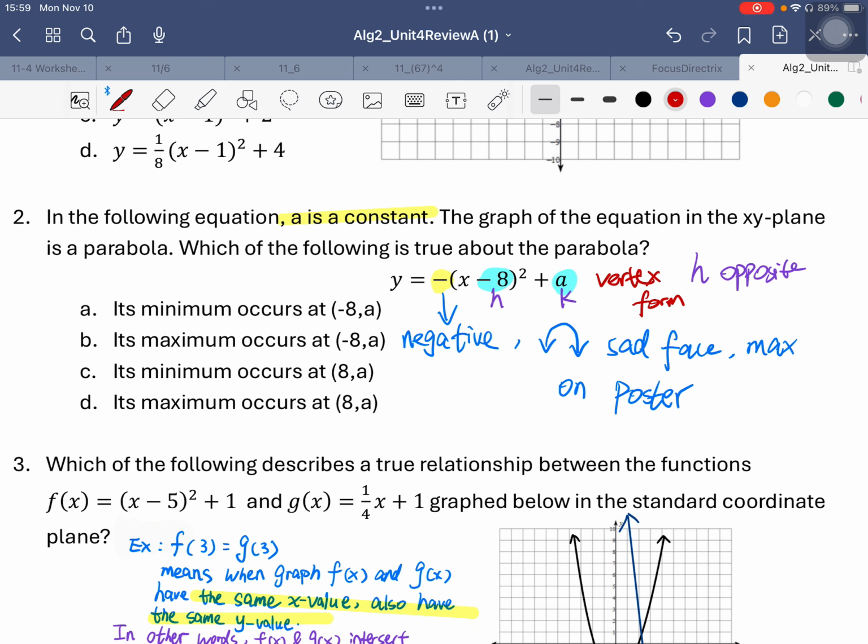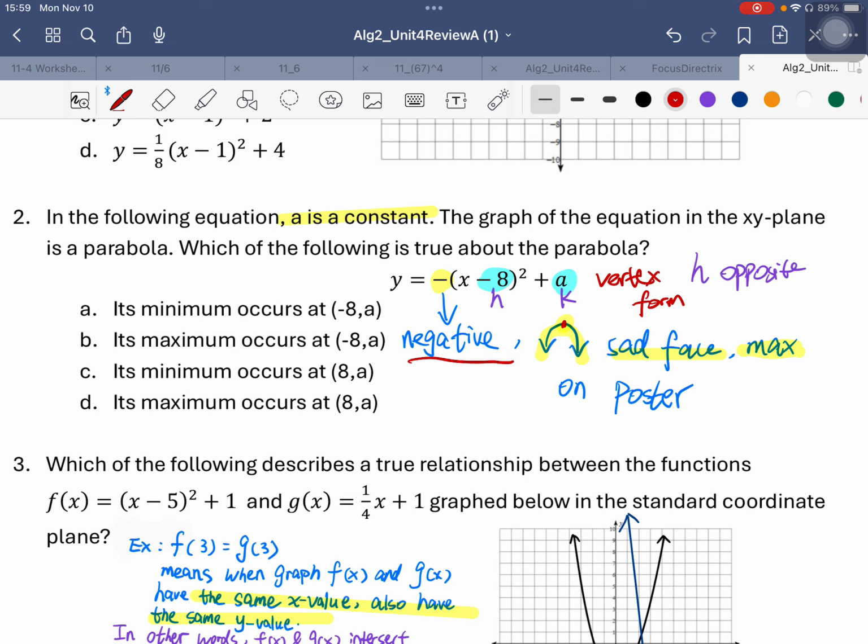Okay, now first let's look at the a value, or the number in front of the parentheses. The sign in front of the parentheses is negative. So negative will give you a sad face, and a sad face gives you a max, because this point is the max. And it's on the poster.